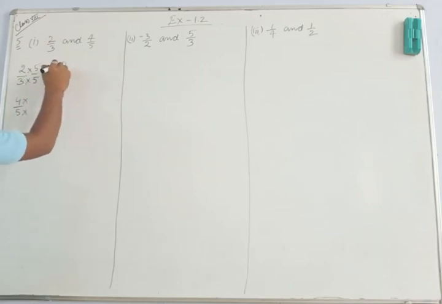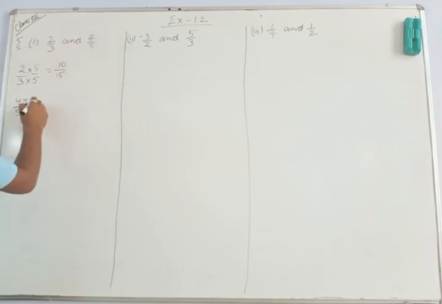So 2 5s are 10 and 3 5s are 15. In this number I have to multiply with the denominator of the first number, so with 3. 4 3s are 12 and 5 3s are 15.